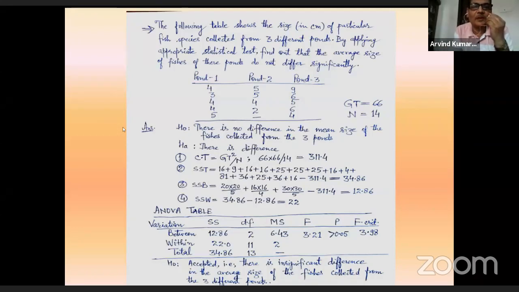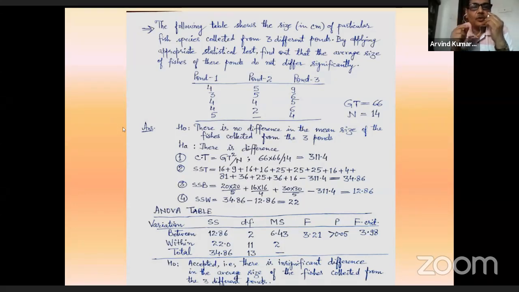So variation may be there. Now, what we have to know is whether the mean size of the fishes collected from these 3 ponds is the same or they are significantly different from each other. That is our main aim to test.